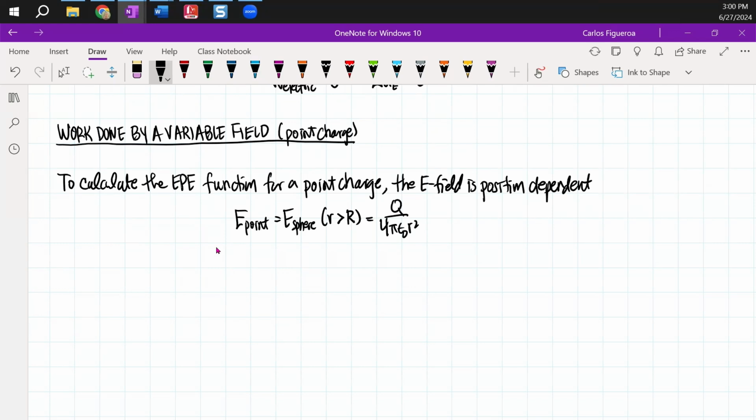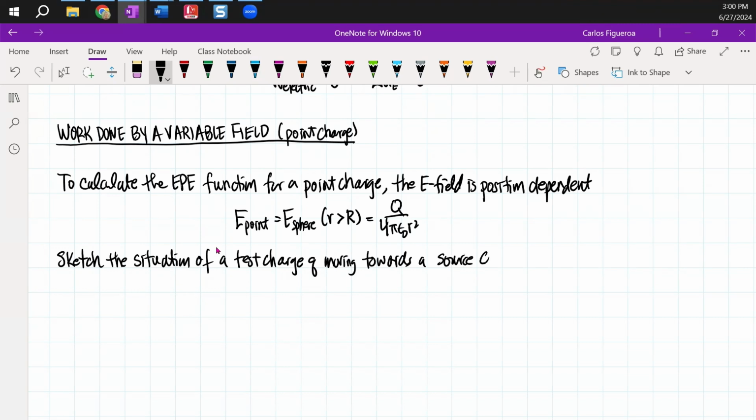Now, I want to sketch this situation. So let's sketch the situation of a test charge moving towards a source charge, where I'm going to say both are positive.